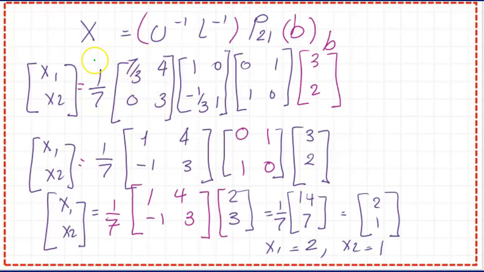As we have determined that the vector x can be expressed by the multiplication of U minus 1 by L minus 1 between brackets, all multiplied by P21 by B. So column vector x can be represented by x1, x2. This is the inverse of U, 7 over 3, 4, 0, and 3, all divided by 7, followed by L minus 1, which is 1, 0, minus 1 over 3, and 1. This is the permutation matrix P21, 0, 1, 1, 0, and the B, 3 and 2.